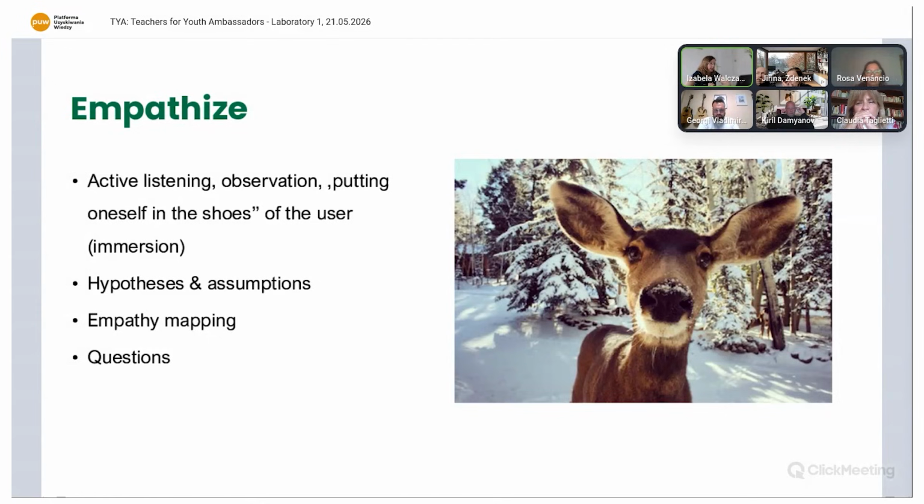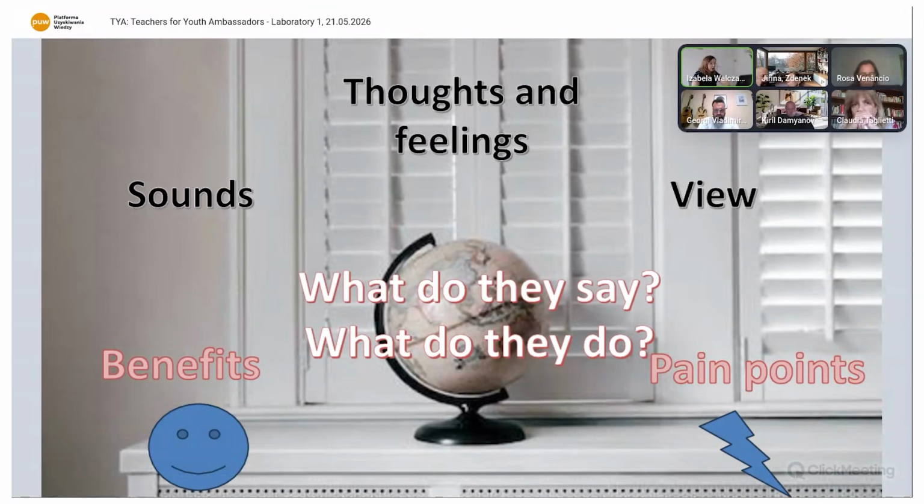What is also done as a result of observation, immersion, and asking questions is a kind of empathy map. And what is an empathy map? An empathy map is the world of the user. If they use a product or service, what do they see? What do they hear? What are their thoughts and feelings?